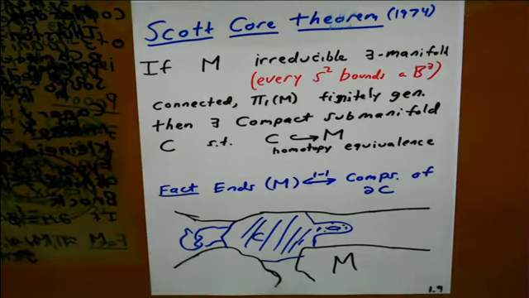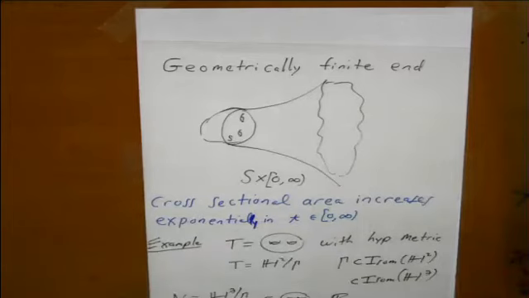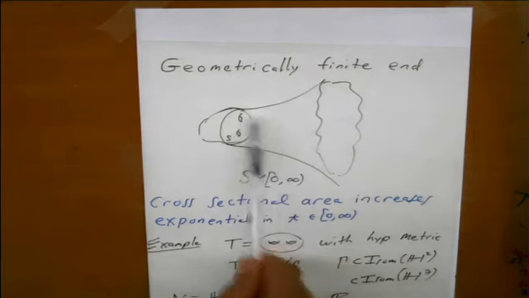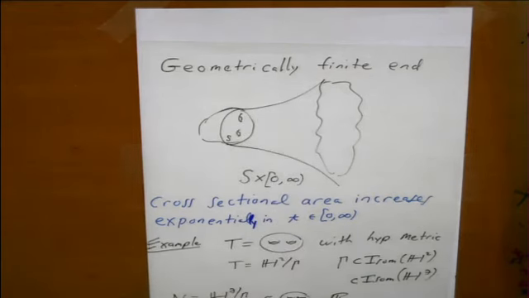And just to quickly mention what Dick said, there are ends of hyperbolic three-manifolds of two varieties: the geometrically finite type and the geometrically infinite type. Geometrically finite ends, the way we think of them now, are flaring out exponentially, and they have a nice product structure.